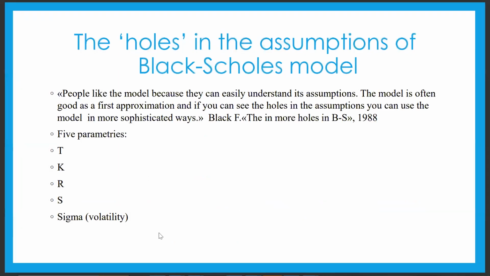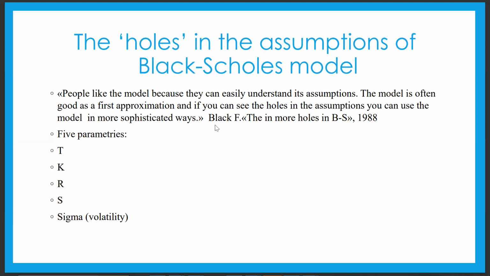Okay, so there are holes in the assumptions of the Black-Scholes model. People like the model because they can easily understand its assumptions. And really, the model is often good as a first approximation. But if you can see the holes in the assumptions, you can use a more sophisticated model.